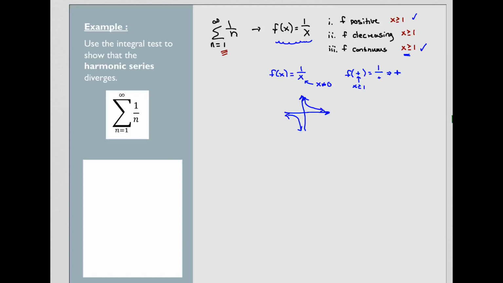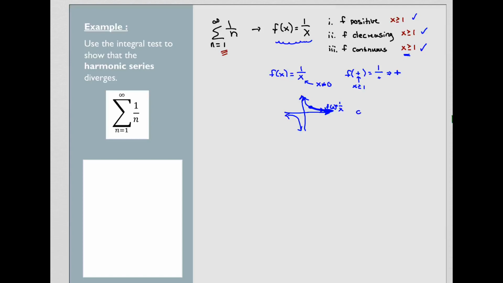It's an odd function, has symmetry about the origin. But more importantly, what do you observe? f of x equals 1 over x from 1 to infinity does what? It decreases. This function's decreasing. So visually, we see that it's decreasing.